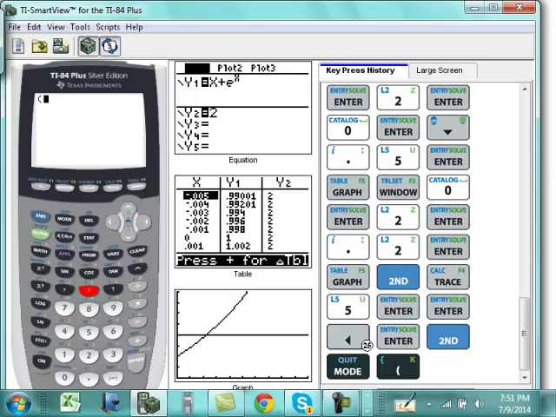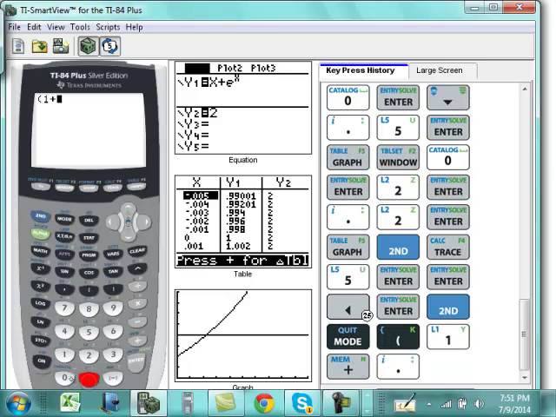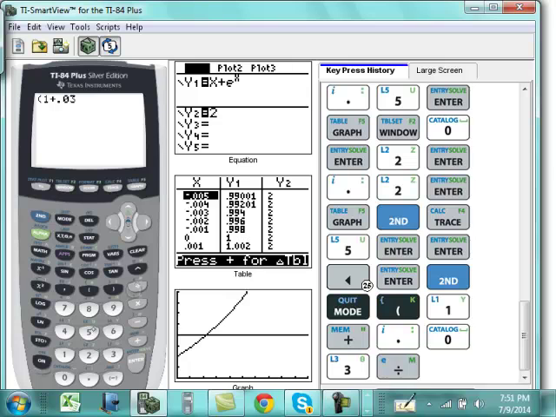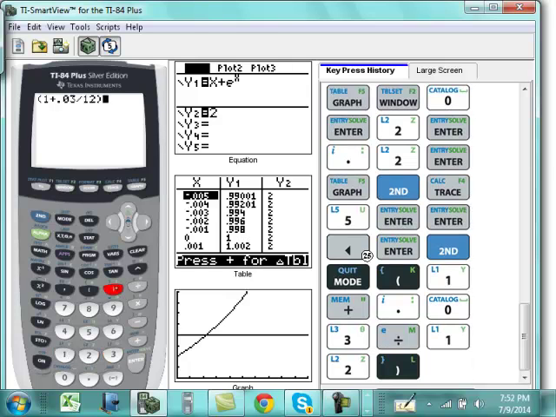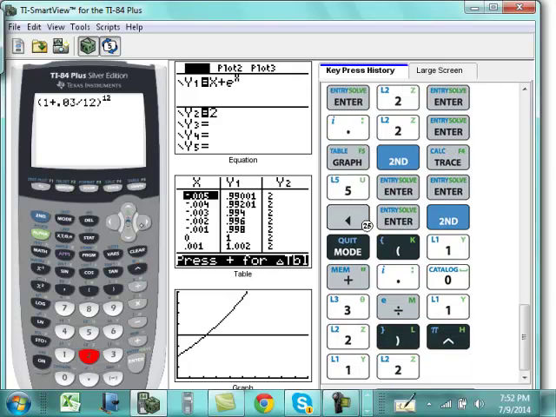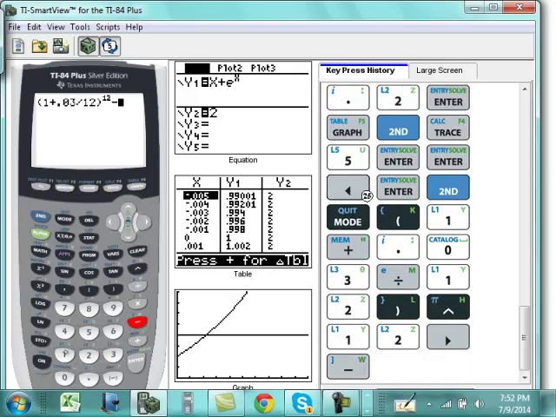So in parentheses, we have 1 plus 0.03 divided by 12, close parentheses, raise that to the 12th power, and then minus 1. And there's your 0.0304, approximately.